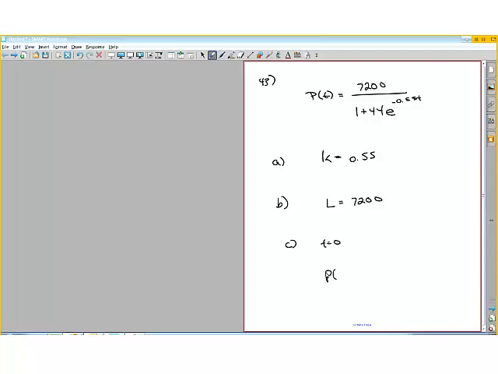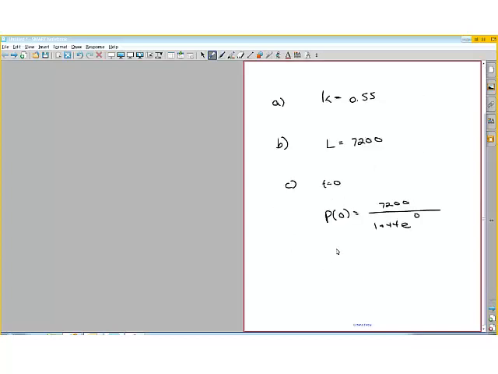So P of 0 is 7,200 divided by 1 plus 44 e to the 0, because when t equals 0, 0 times that is 0, and e to the 0 is 1. So it's just going to be equal to 7,200 divided by 1 plus 44, or 7,200 divided by 45.